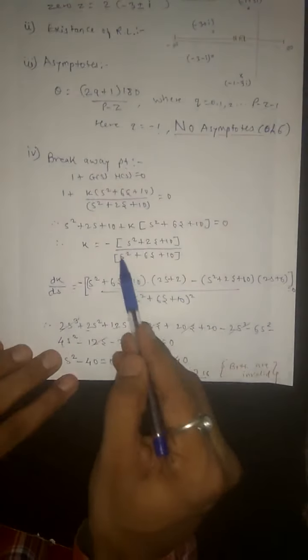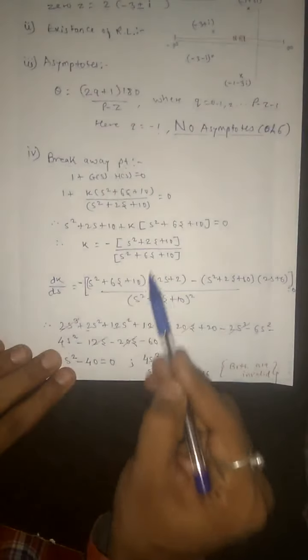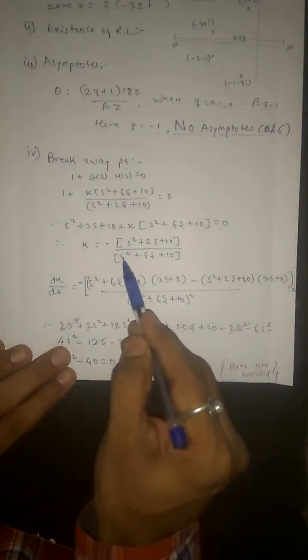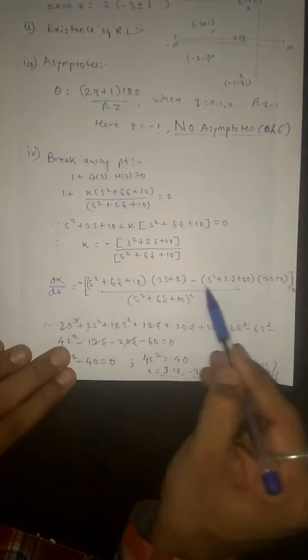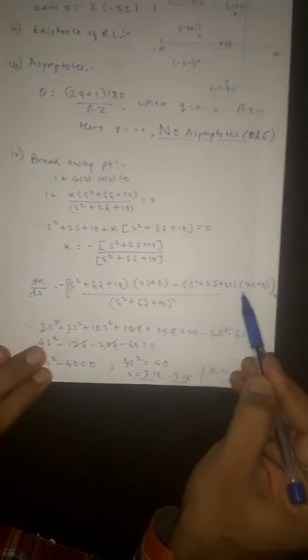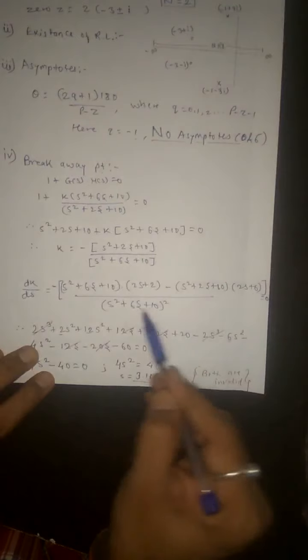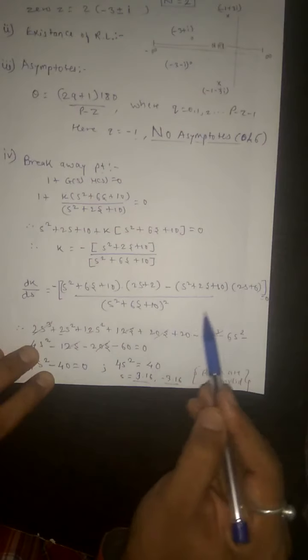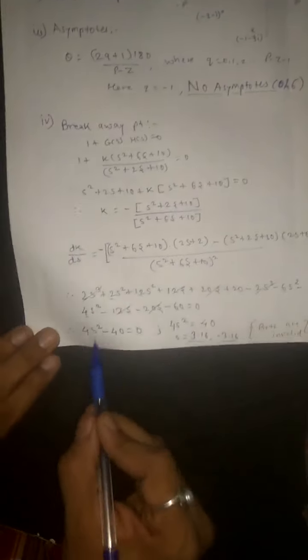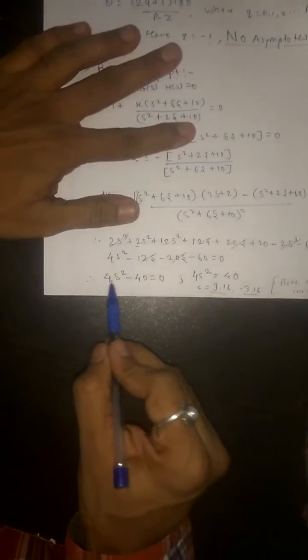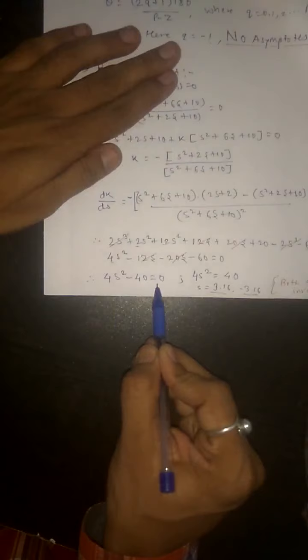For differentiation, you must know the division rule: denominator as it is, differentiation of numerator, minus numerator as it is, differentiation of denominator, divided by denominator squared. Simplifying, I got the final equation 4s² - 40 = 0.